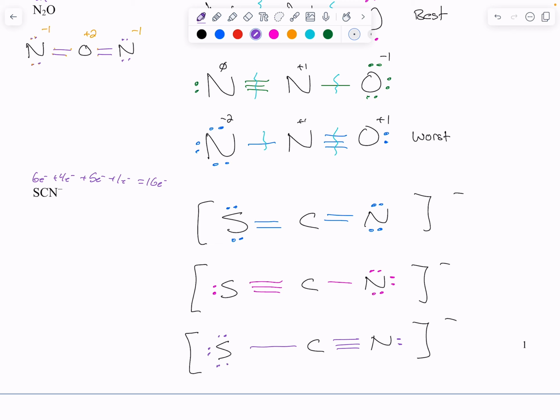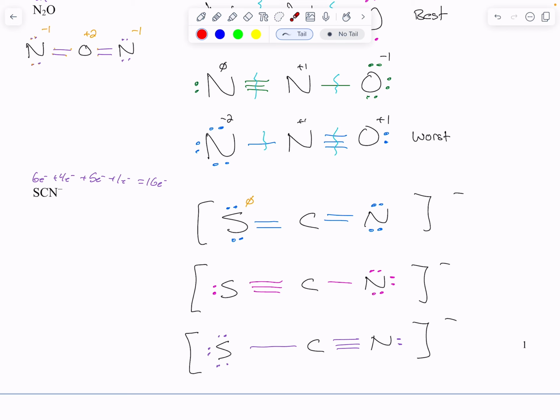And now we've got to figure out the formal charges of everything. Well, let's look. 1, 2, 3, 4, 5, 6 for sulfur. Sulfur has 6. How many does sulfur bring in? It brings in 6. So formally, that's 0. Carbon. In carbon, if you look, carbon's the same. 1, 2, 3, 4. 1, 2, 3, 4. 1, 2, 3, 4.